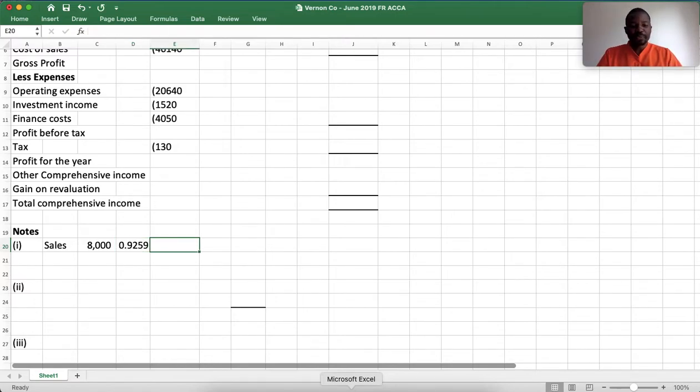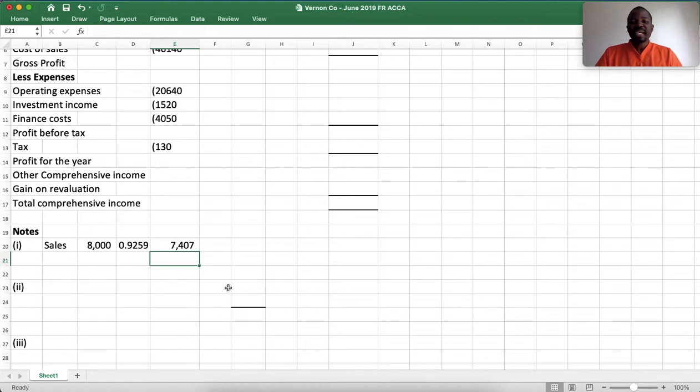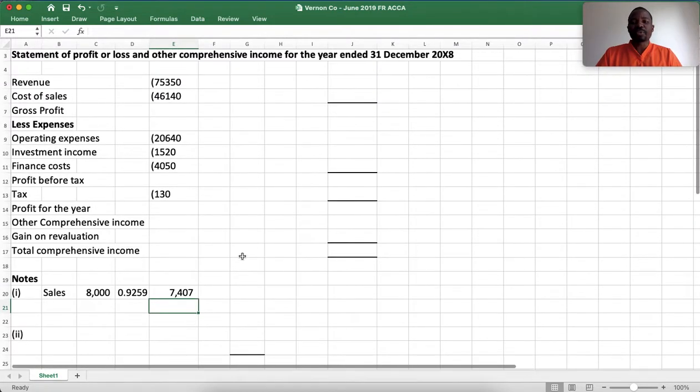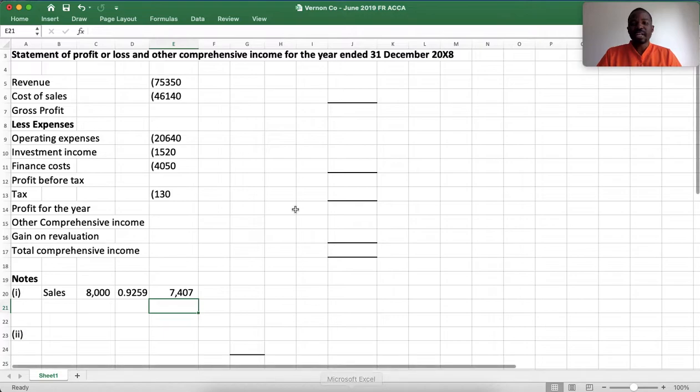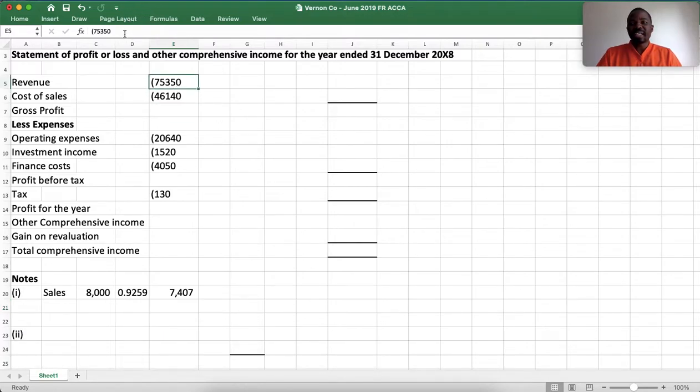If we discount that, 8 million multiplied by the discount factor, we get revenue of 7407. This is the revenue that Vernon Co was supposed to record, but we are told here Vernon Co only recorded 4 million. So we have to come here and subtract the 4 million, which is 4,000, and add the correct revenue of 7407, like that.